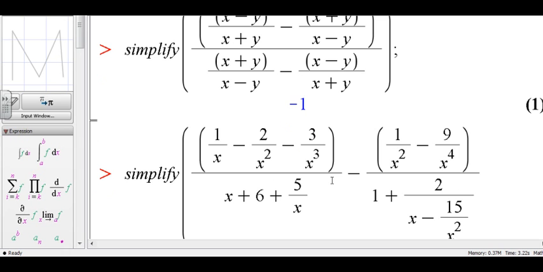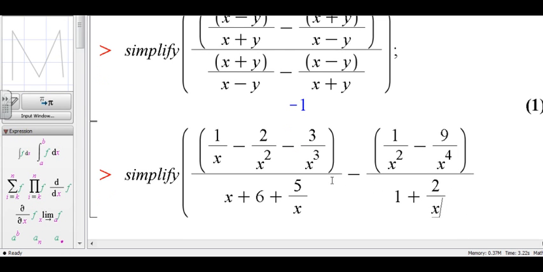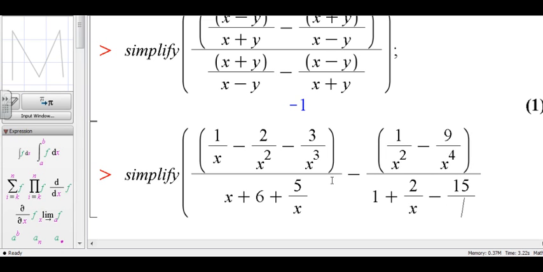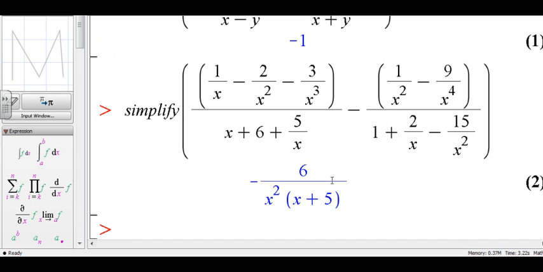Oh, what a bummer. 2 divided by x minus 15 divided by x squared. Okay. That doesn't look like my answer. You notice how that does not look like my answer? That bums me right out. Oh, we ran out of time. I won't be able to figure out where the mistake is. Bummer.